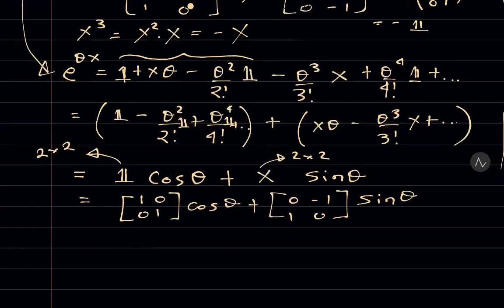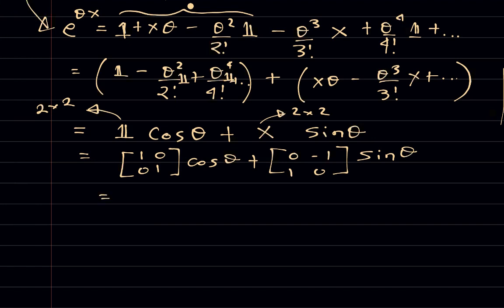It was not so difficult. Turns out this is nothing but cos theta minus sine theta, sine theta cos theta. Brilliant, right? Simply brilliant. So the whole idea of Lie group talks about existence of this x.